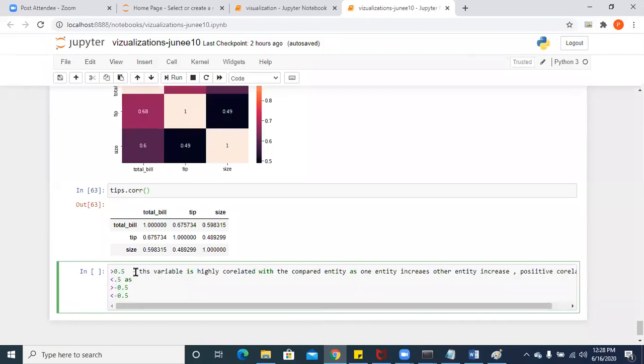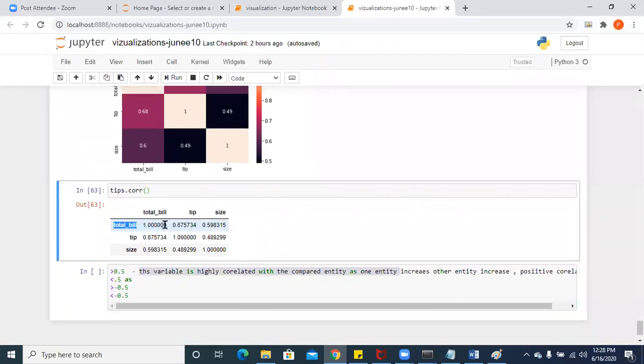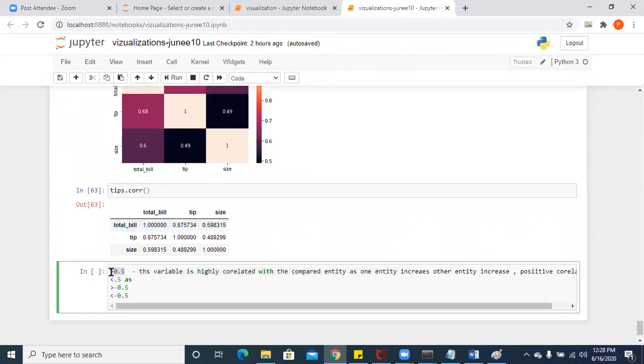Positive correlation if the value is greater than 0.5. So here the correlation between tip and total bill is 0.67. That means it is greater than 0.5, so it is highly correlated.